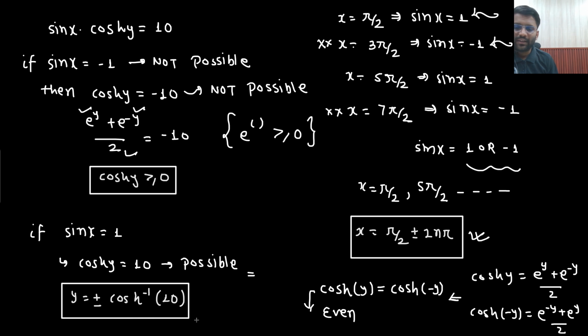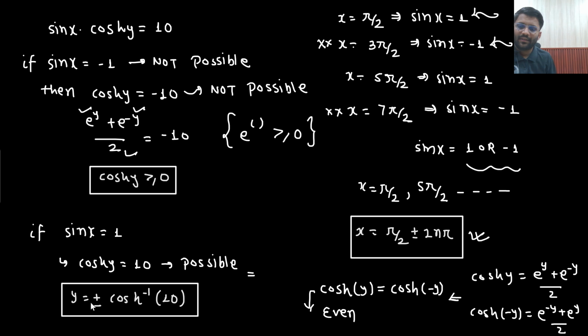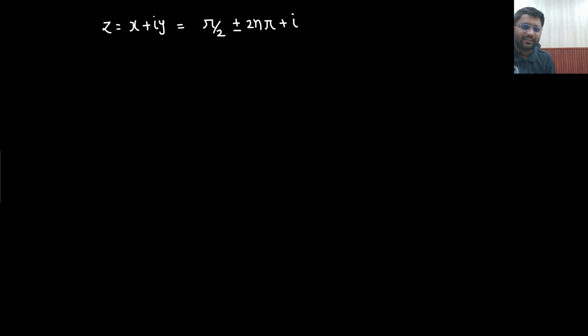So this is the value of y and this is the value of x. That means what is your z? So z was nothing but x plus iota y. So my answer is coming out to be pi by 2 plus minus 2n pi, plus iota, then there is a plus minus sign here, no?